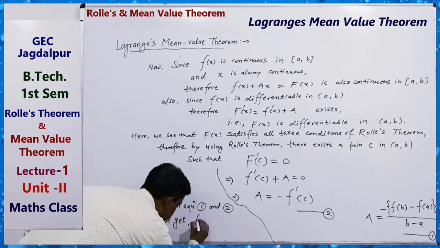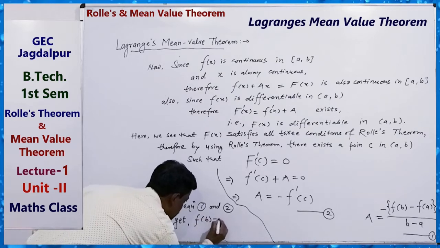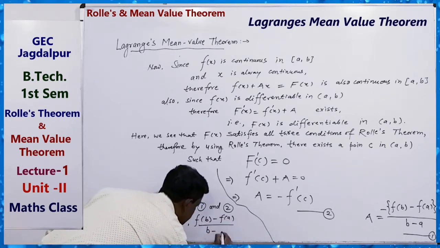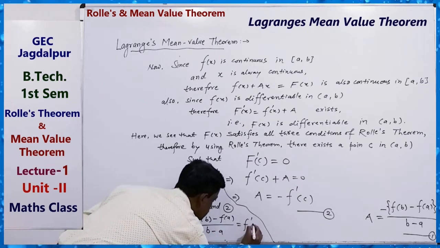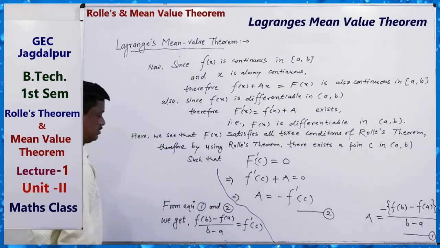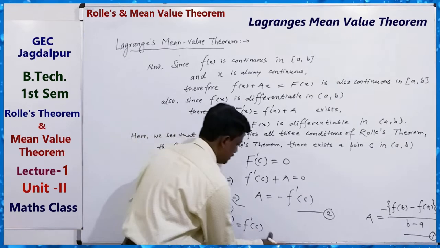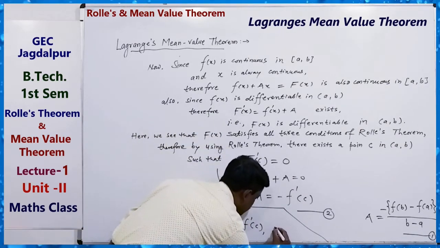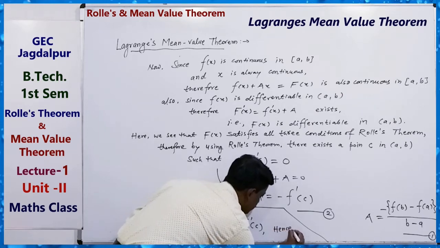So (f(b) minus f(a)) upon (b minus a) equals f dash c. Hence proved.